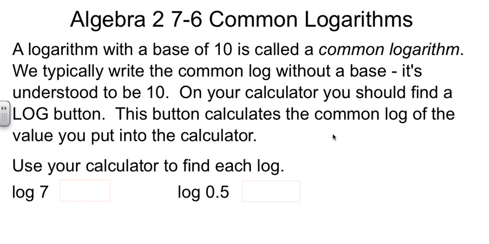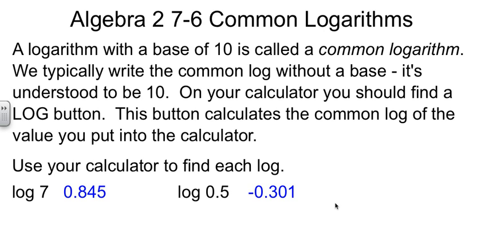So with your trusty calculator, make sure you can use it properly. Let's calculate the log of 7. So I push log of 7 on my calculator, and I get the answer of 0.845. There's more to it, but of course we like to round. Log of 0.5, I get negative 0.301.